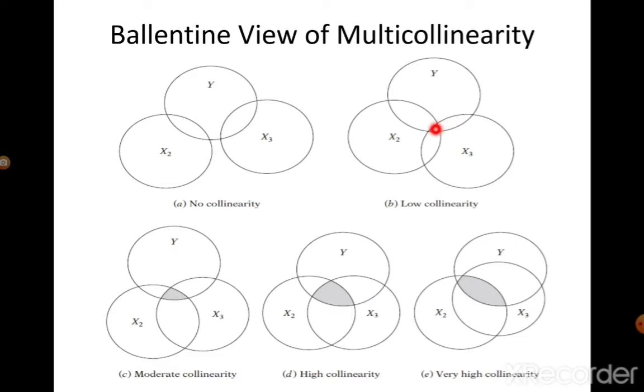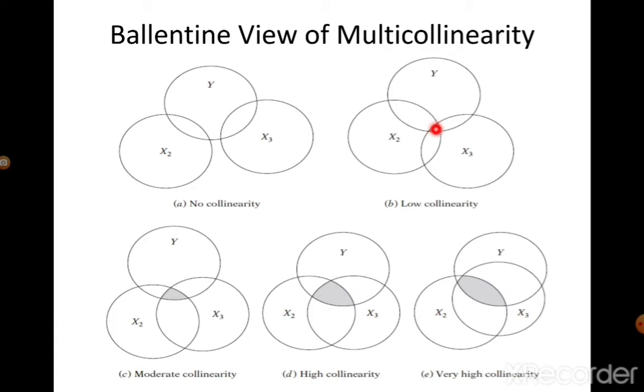The intersection region over here where the highlighter is the portion of variations in y that is being jointly explained by variations in x2 as well as x3. This is because it is on the intersection of x2 and x3 as well.